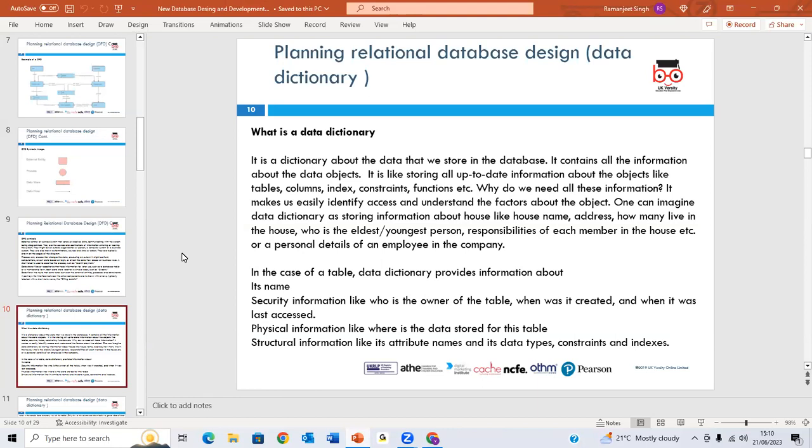All this can make it easier for us to identify and access our tables in a quicker way. So it is important to have security information: who is the owner of the table, and when was this created?